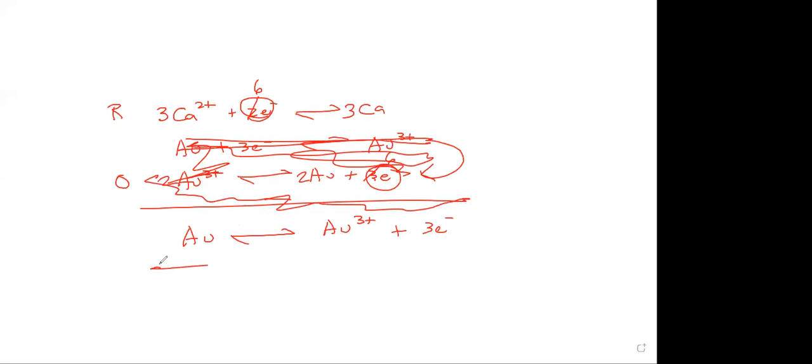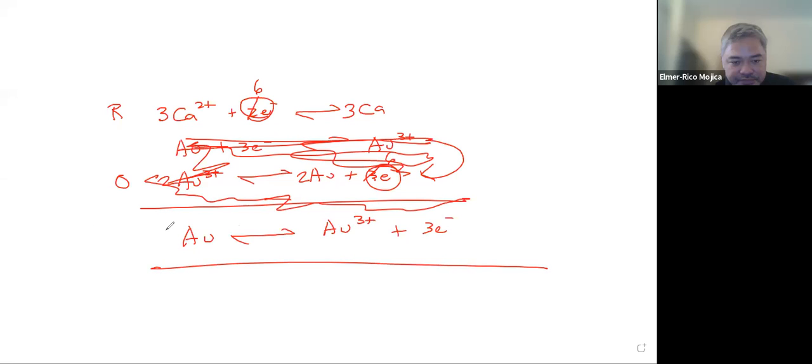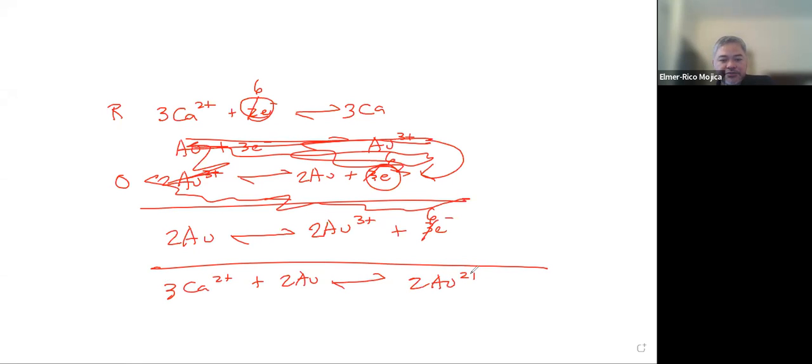Okay. Yes, that's what's confusing. Okay, so this is the one here and this is the one here. So that's my mistake. I think it clarifies everything now. So you have 3 calcium 2 plus and 2 gold, not silver, gold, producing 2 Au 3 plus and 3 calcium. So I think this clarifies everything, right?